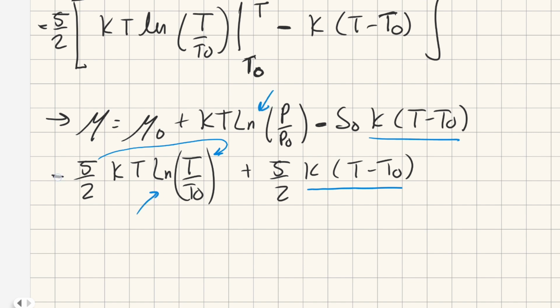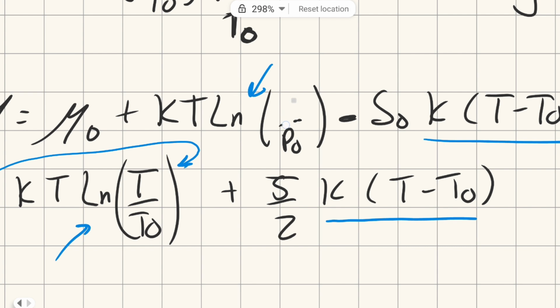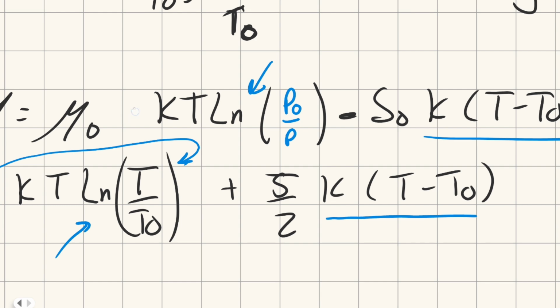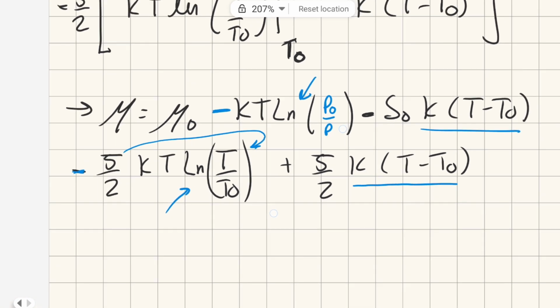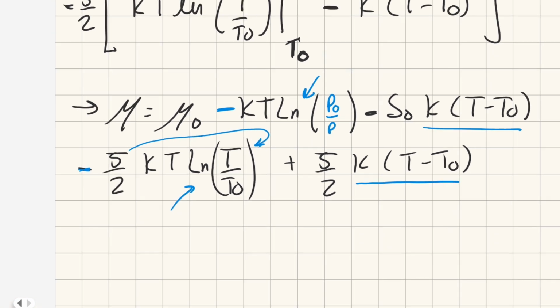Recall that this is a negative, okay? So we are going to express this as p0 divided by p to the negative 1, and then this negative 1 we are going to bring it down here, right? So what is this going to be?